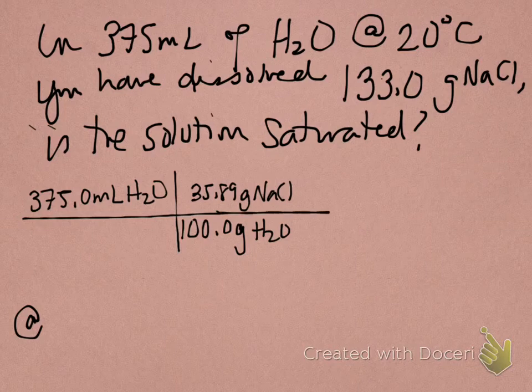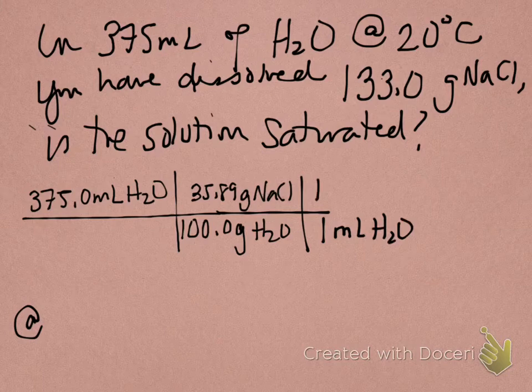Well, let's work towards getting this into grams of water. For every 1 milliliter of water, we have 1 gram of water. So that's going to cancel out our milliliters, and our grams of water.